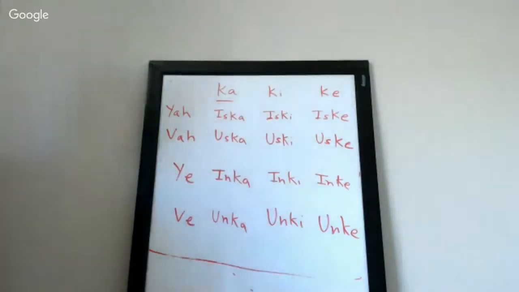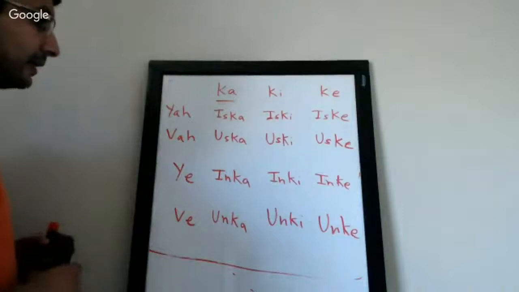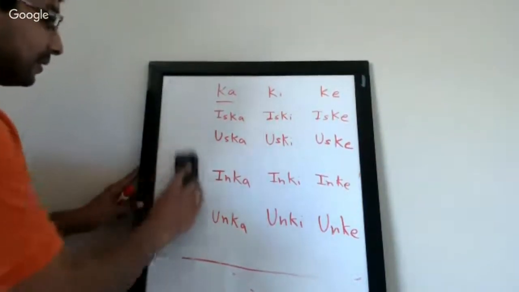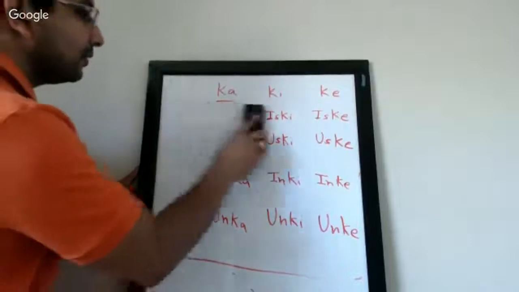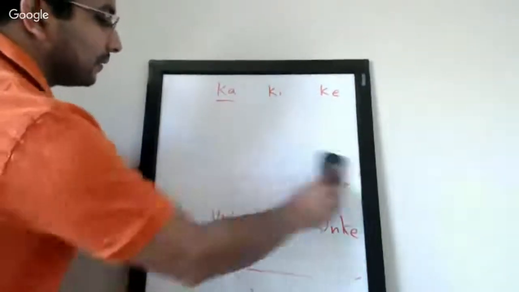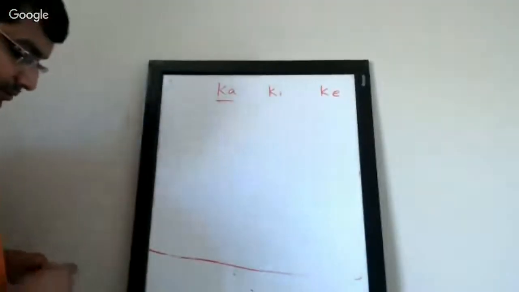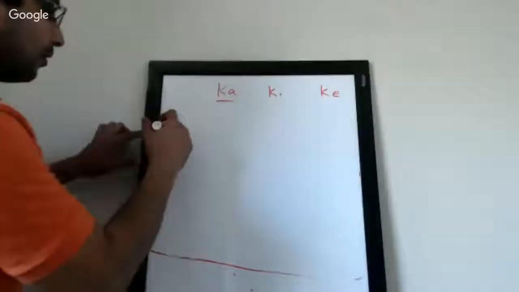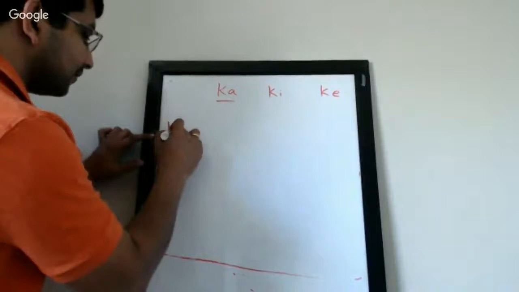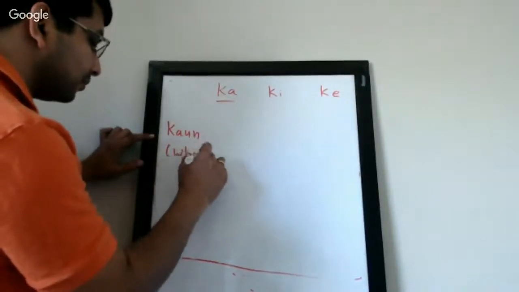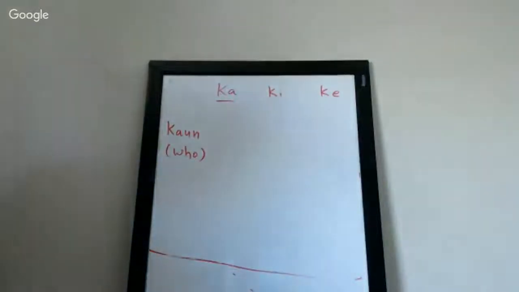Let's look at the same thing, but in the context of interrogatives. So let's say in this case you have कौन here. कौन is who, right?